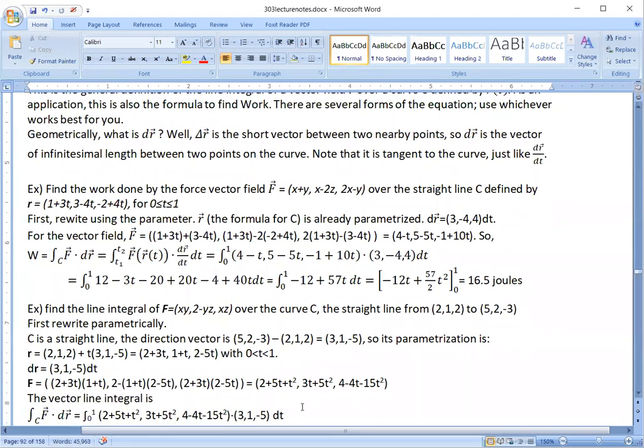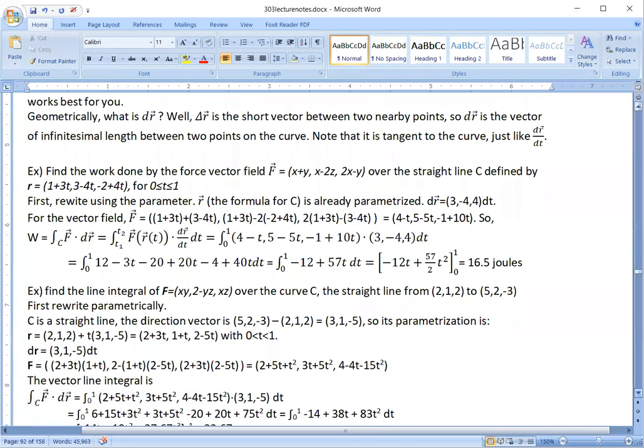Okay, so vector line integral is the integral over the curve of f dot dr. And now just plug it in. So the curve has boundaries t goes from 0 to 1. Vector field f is just this, which we just said. And then dr was 3, comma 1, comma -5 dt. So to calculate this, the first thing we're going to have to do is take the dot product and then simplify.